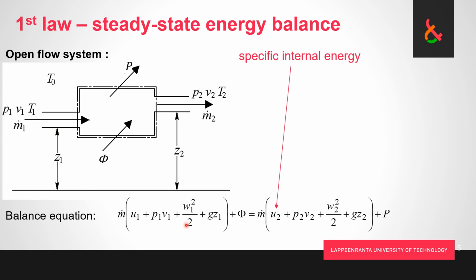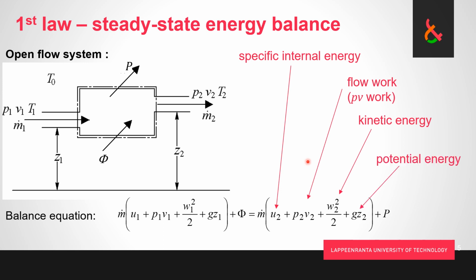Now let's take a look at what we have here. So we have the same components just for state 1, state 2. We've got specific internal energy. We've got the flow work. We've got the kinetic energy and potential energy. So velocity squared divided by 2, the familiar equation for kinetic energy, same thing for the potential energy, same for both sides.